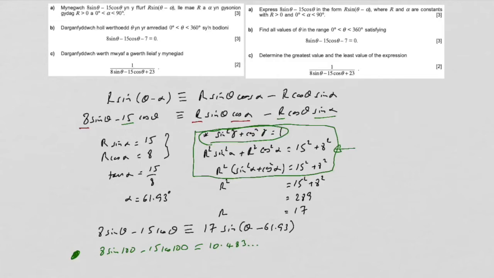And then you would put the same number into the other side, which would give you 10.483 also. They don't match exactly because of the rounding off here. Nevertheless, that's enough for you to feel confident that you've got it right.